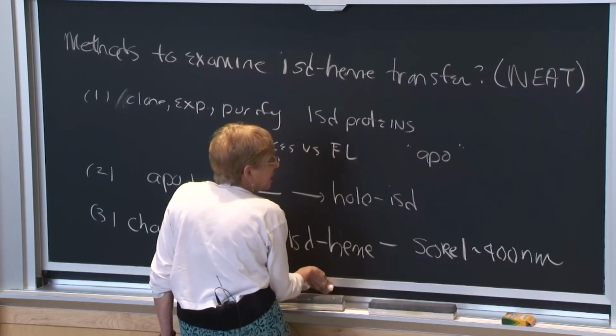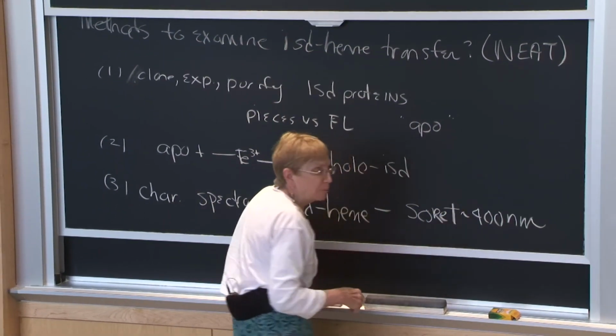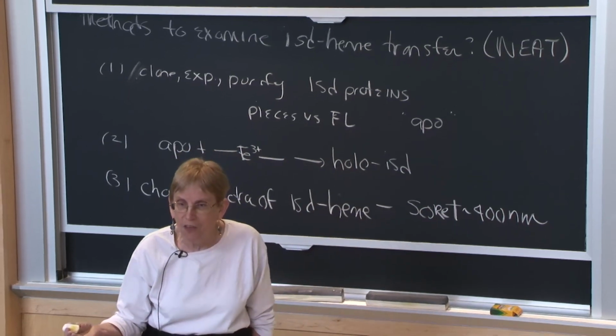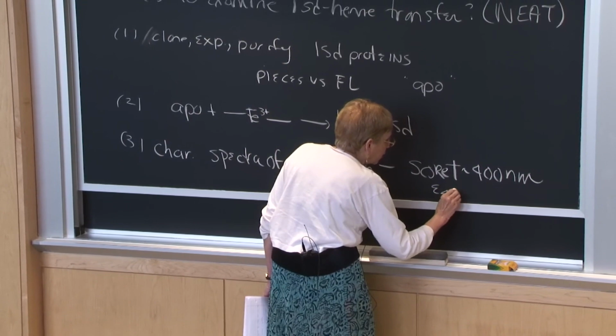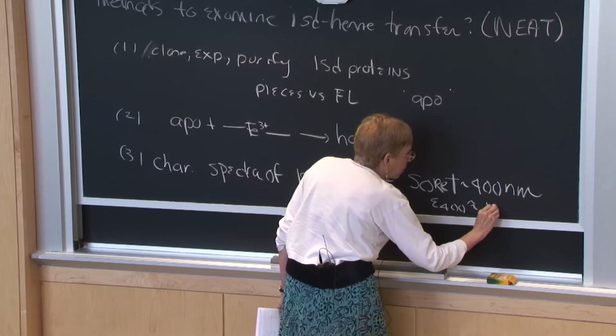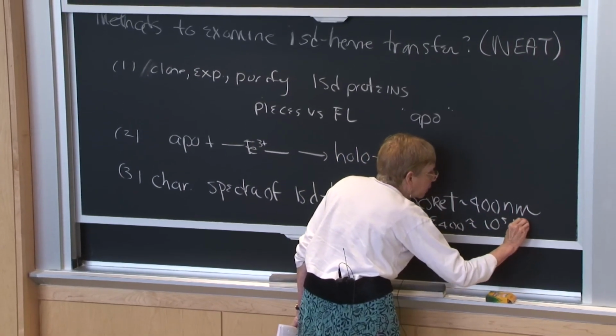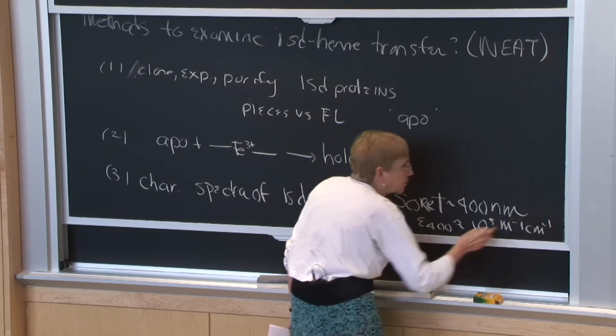Why do people like the Soret band? Because it has an extremely high extinction coefficient. I don't know what the number is, but its extinction coefficient at 400 is approximately 10 to the fifth. So it's easy to see.